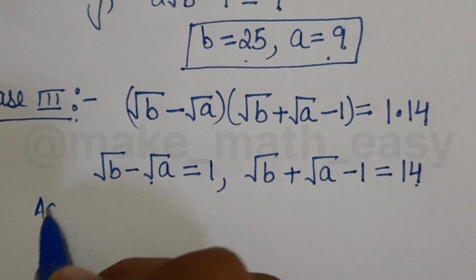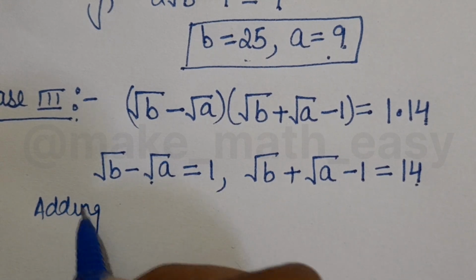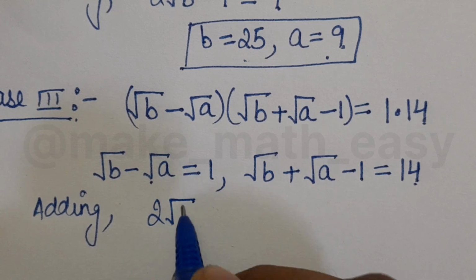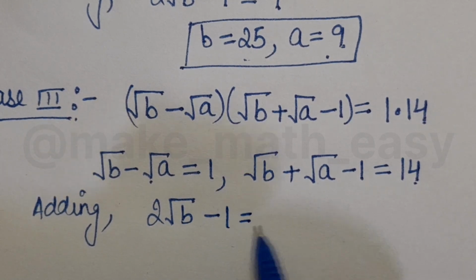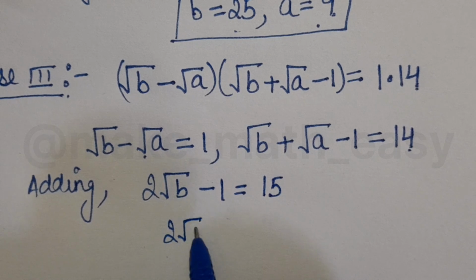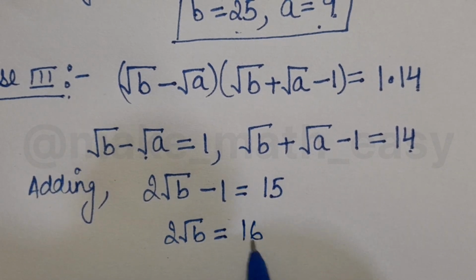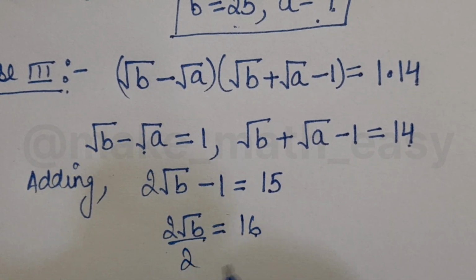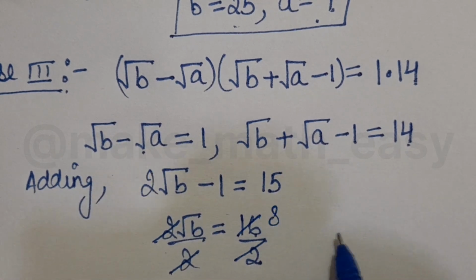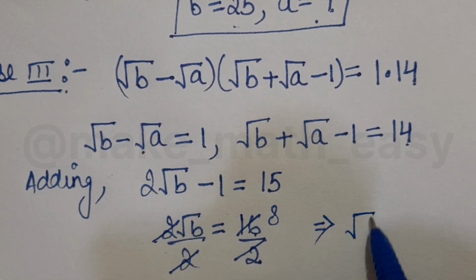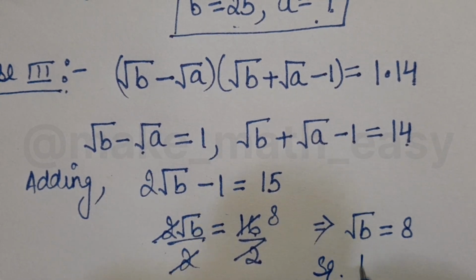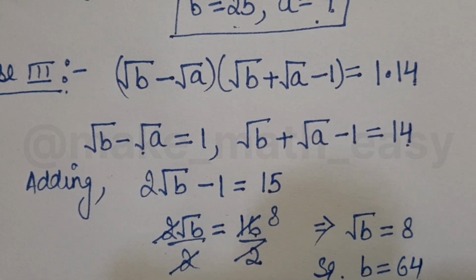Again adding, 2 root b minus 1 equals to 15. 2 root b equals to 16. Dividing by 2 implies root b equals to 8, and on squaring b equals to 64.